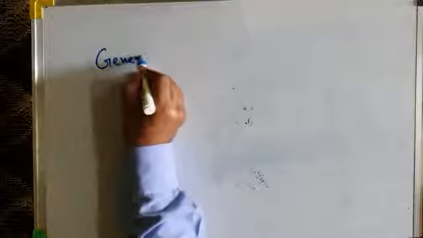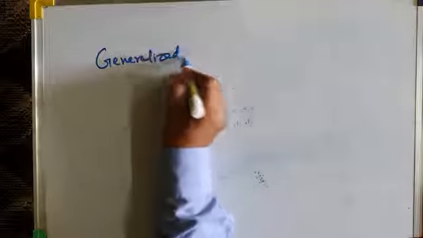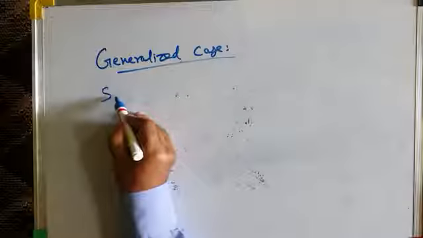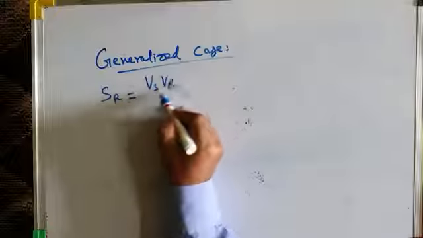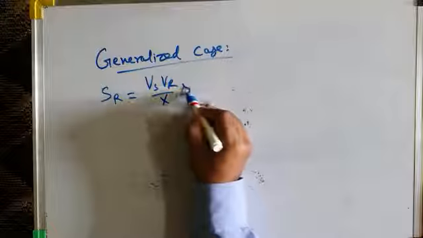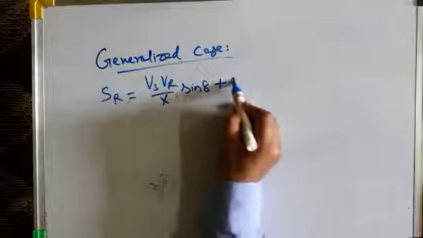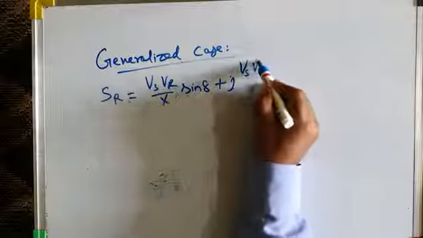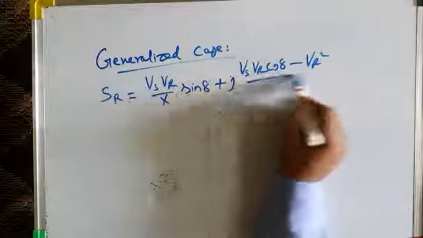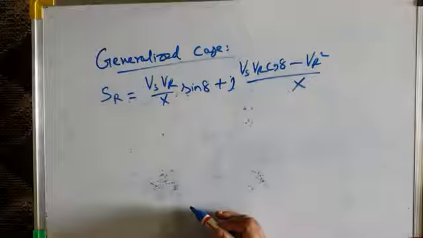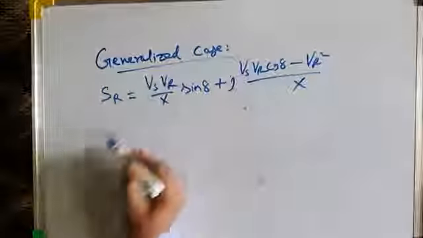Okay, so whatever we have discussed till now, we can generalize it. So I will write here the generalized case. For the generalized case, the receiving end complex power is Vs Vr by X sine delta plus j times (Vs Vr cos delta minus Vr square) by X. I have already derived it in the beginning of this lecture.